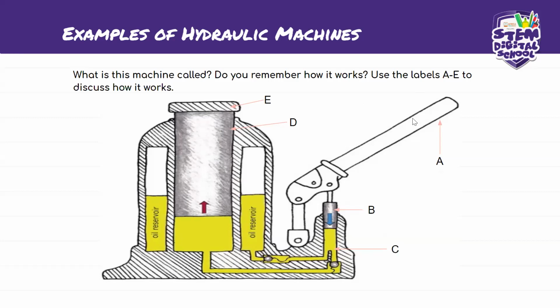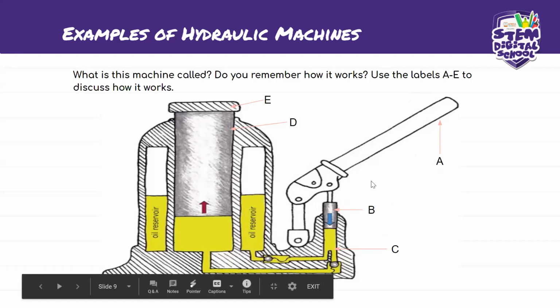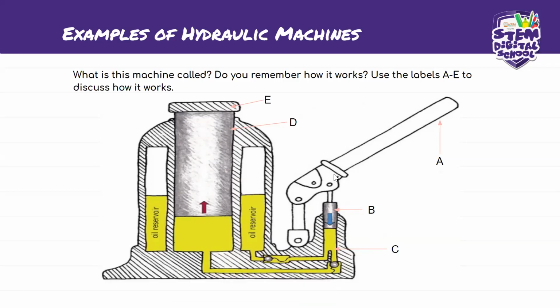When you press down the lever, do you press it down once? You press it down multiple times. You pump it. To pump is to repeat the pressing down. Very good, James. Then when you are doing that, what happens to B?